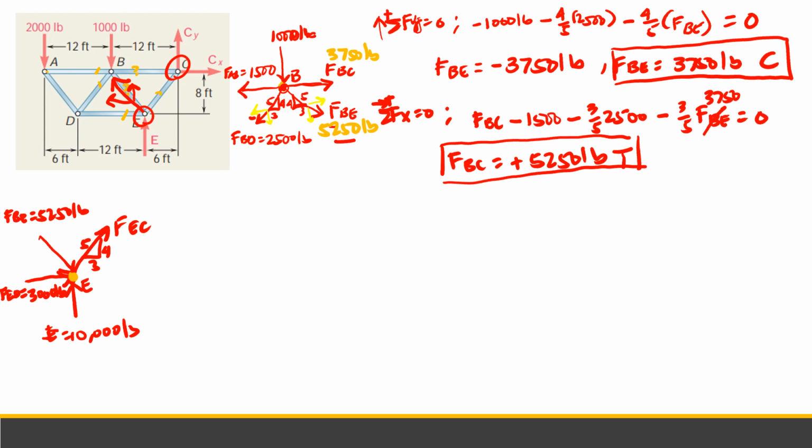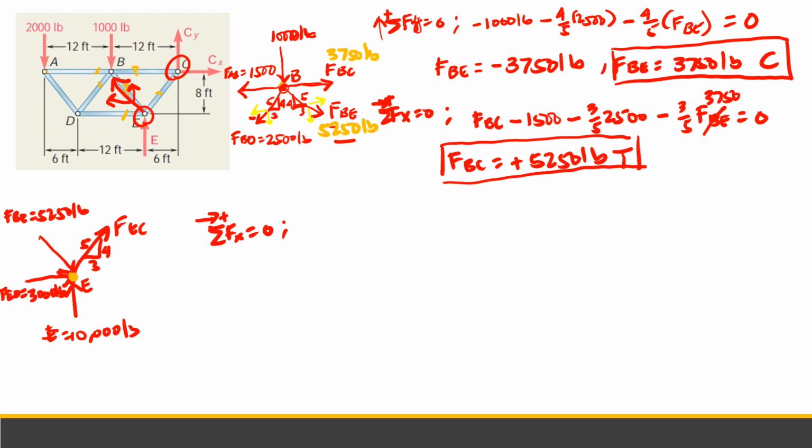This time we will only use one equation. Either we use summation of forces along x or along y. So say for example, we will use summation of forces along x equals 0, with force to the right as positive.